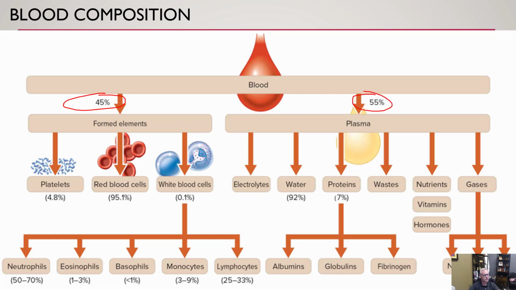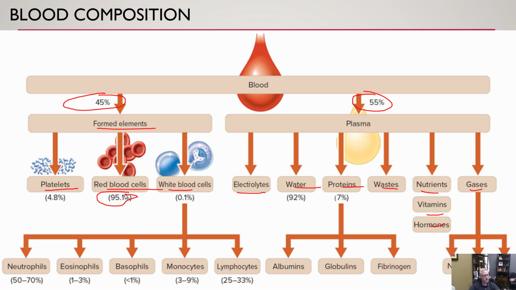And remember, plasma is just that mixture of dissolved substances or substances that are suspended in water, such as electrolytes, water, proteins, wastes, nutrients, vitamins, hormones, gases. And for formed elements, remember we have red blood cells, white blood cells, and platelets. Red blood cells are going to be the most abundant.